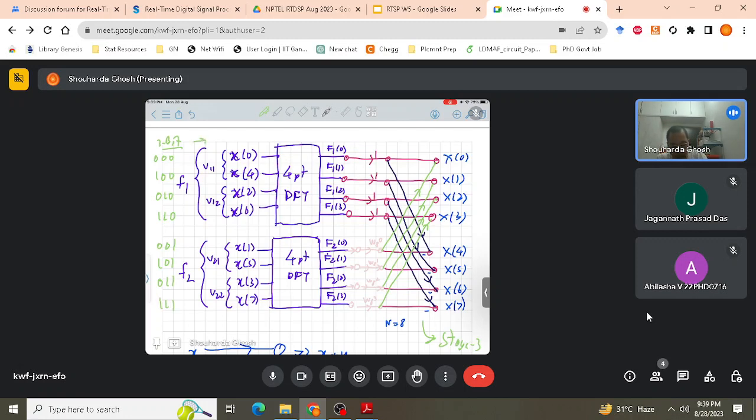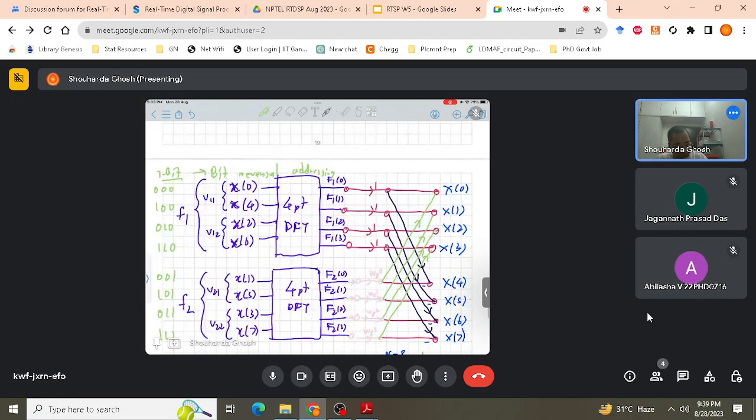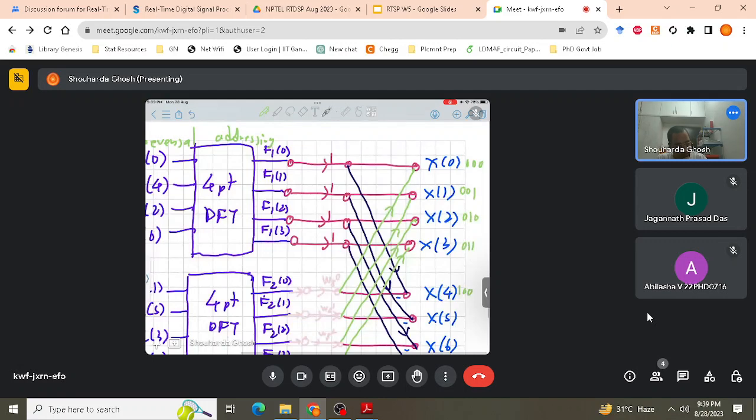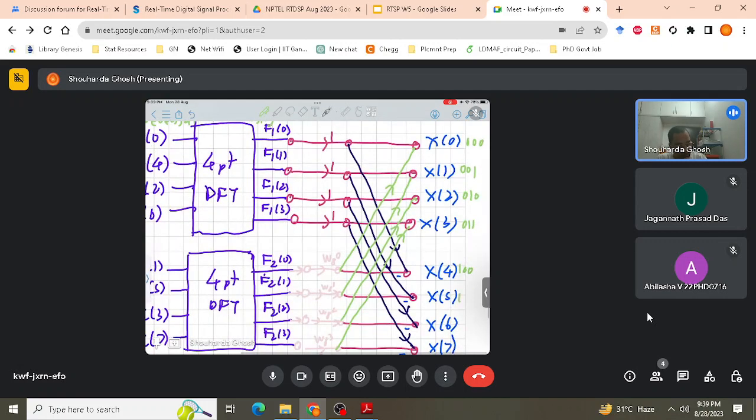This is called the bit reversal addressing. I had mentioned this in the first lecture as well, how you obtain them. You have 0 1 2 3 here, so if I normally write them: 0 0 0, 0 0 1, 0 1 0, 0 1 1, 1 0 0, 1 0 1, 1 1 0, 1 1 1.